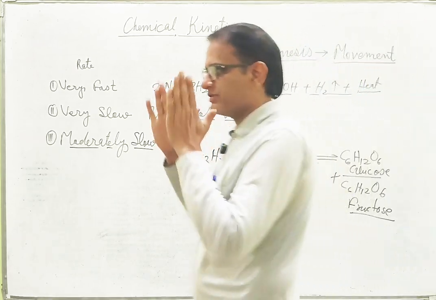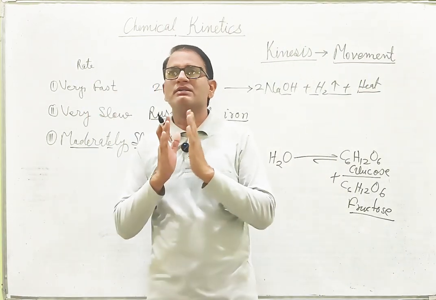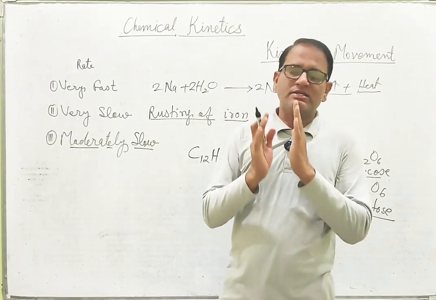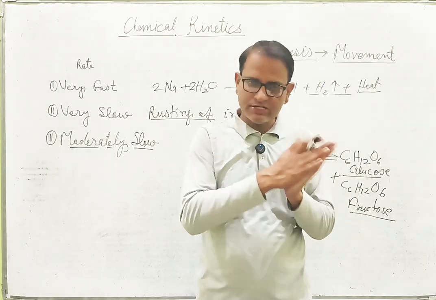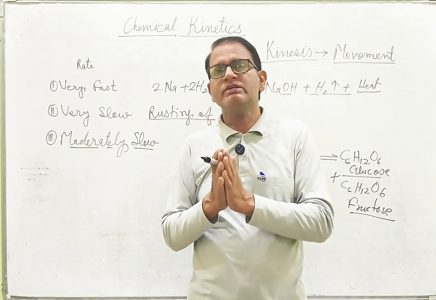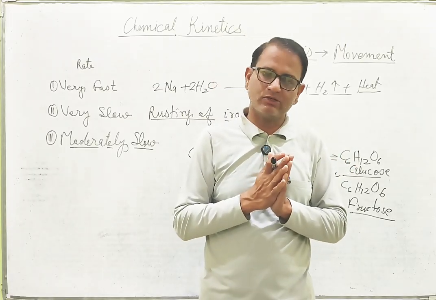So on the basis of rate of reaction, we can classify chemical reactions into three categories: very fast, very slow and moderately slow. Is it okay?